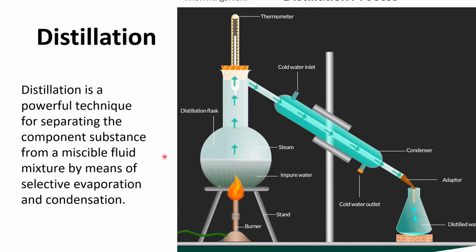In this process, we take the solution in a distillation flask and heat it up so that the solvent starts evaporating, and when it goes up, it goes through this tube which is covered by a jacket which has cold water. The vapors get converted again into liquid form, and we can recover that liquid at the other end. Here I have taken the example of impure water.